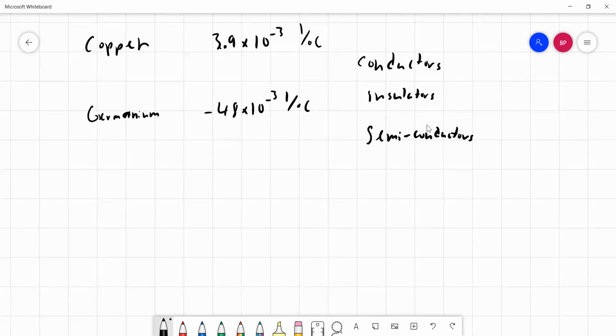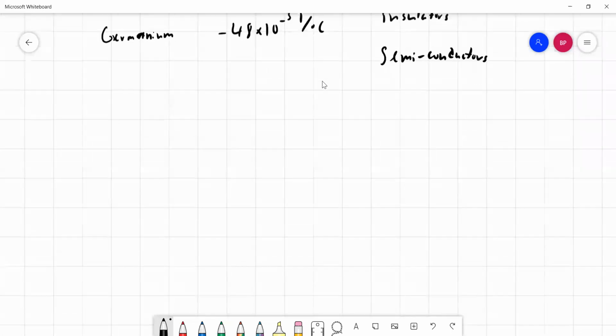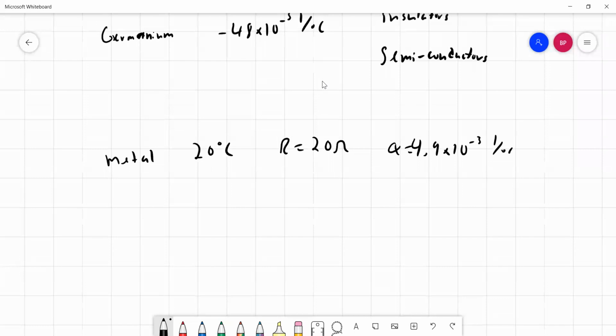All right, so let's do an actual example and calculate the resistance. So let's say we have some metal, it doesn't matter which one. And at 20 degrees Celsius, it has a resistance of 20 ohms. And it has a temperature coefficient of resistivity alpha of 4.9 times 10 to the minus 3 inverse degrees Celsius.